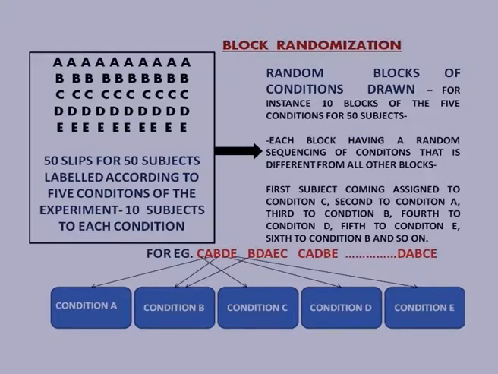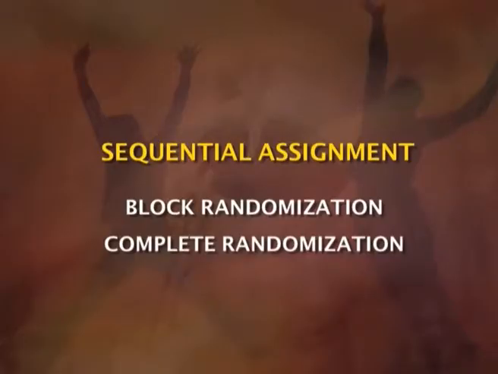Say for example, the first block may be C, A, B, D, E, so that the first subject goes to treatment C, the second to A, the third to B, the fourth to D and the fifth to E. And again you can see there is a different sequence in the next block, B, D, A, E, C and so on. So block randomization and complete randomization allow the experimenter to apply the randomization process even though all the subjects are not present during the actual process of randomization.